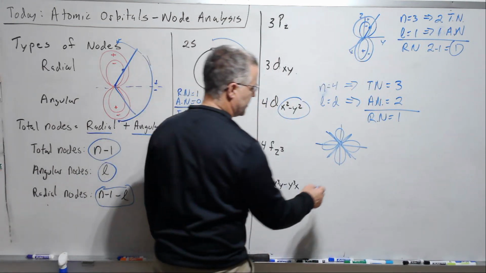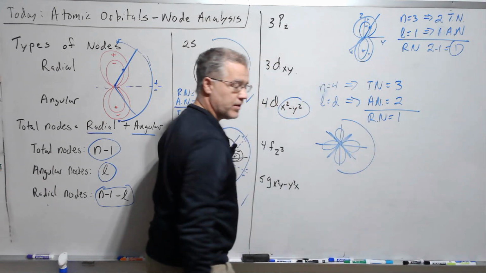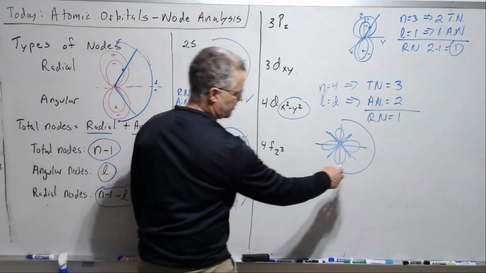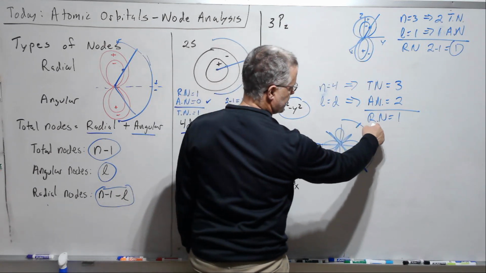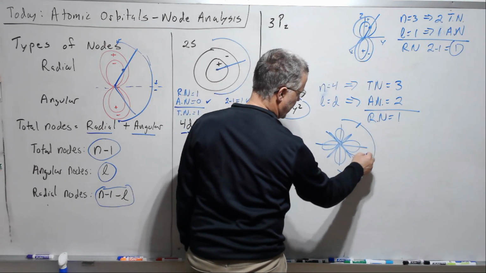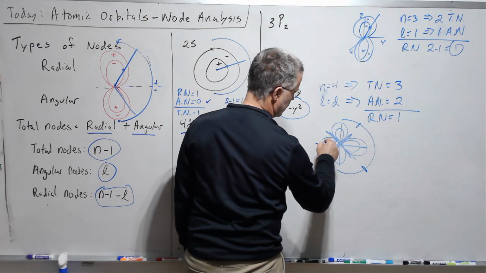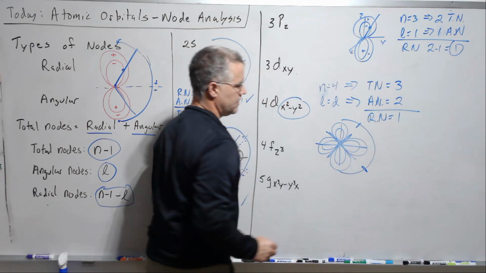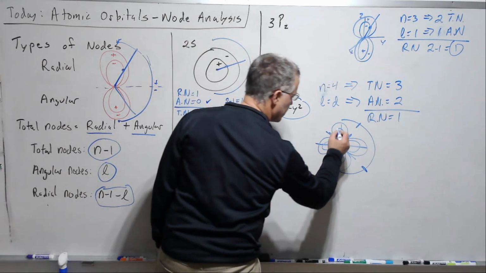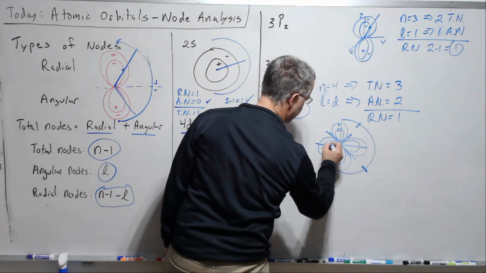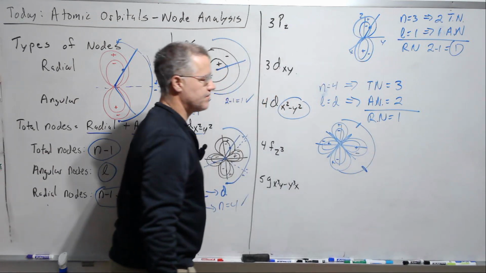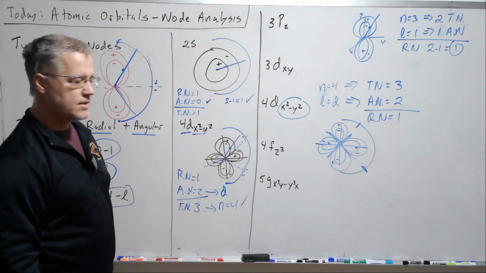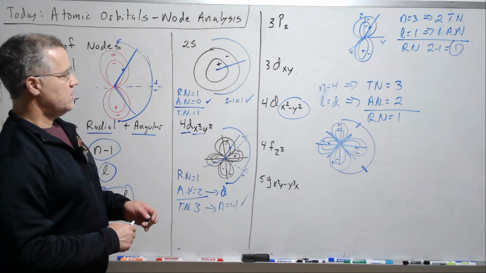Let's confirm we have the 2 angular nodes. Yep, we have the 2 angular nodes right here and right here. And now let's get one more radial node, so we have to draw that concentrically. Then we are free to choose. If we call that plus, that has to be minus, minus, plus, plus, minus, minus, plus, all the way around. Okay, so that's how we do the node analysis.